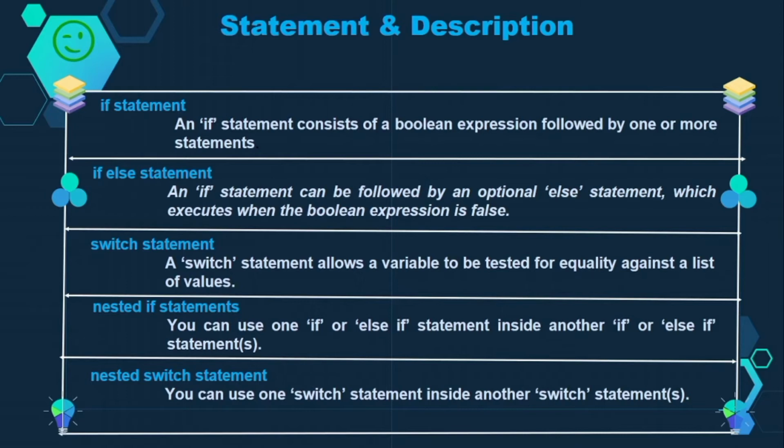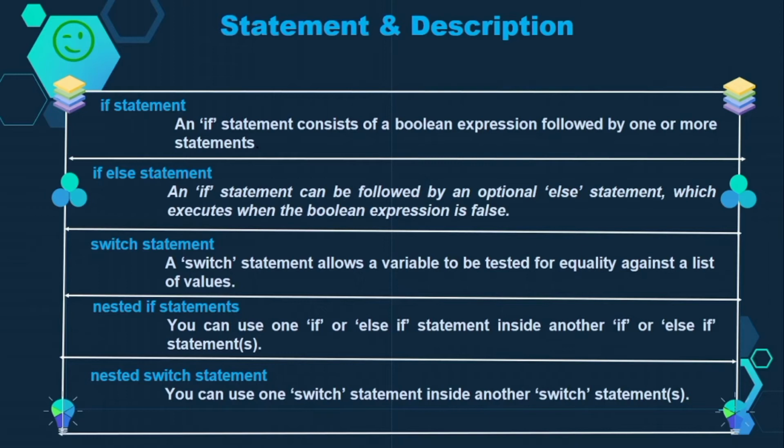The fourth one, nested if statements. You can use one if or else if statement inside another if or else if statement. Nested switch statement. You can use one switch statement inside another switch statement. A statement is a syntactic unit of an imperative programming language that expresses some action to be carried out.